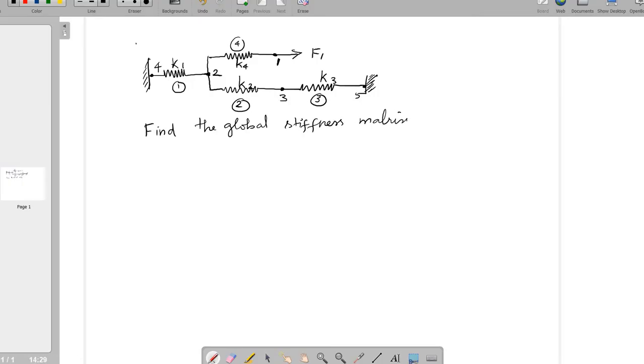So we can form the element stiffness matrix individually for the spring number 1, 2, 3, 4, and we have to club it together to form the global stiffness matrix. So for that we should form the element connectivity table.